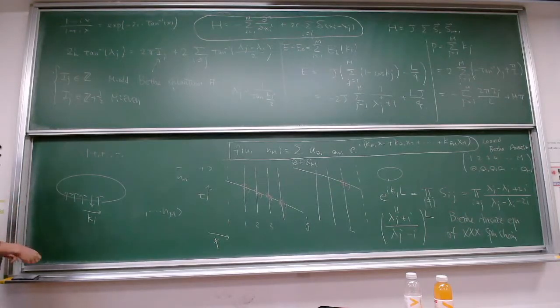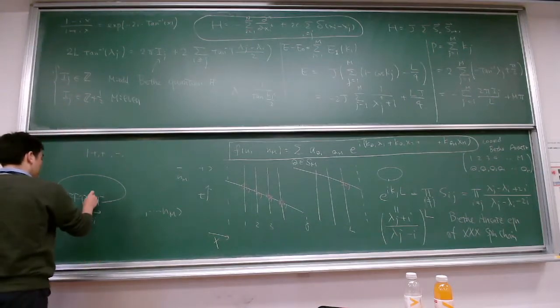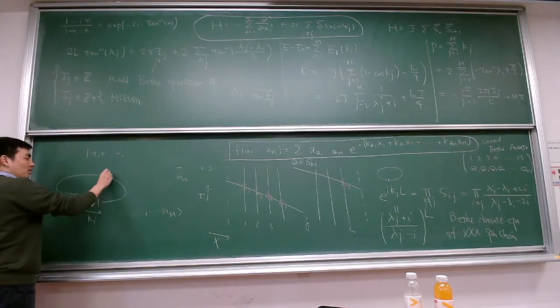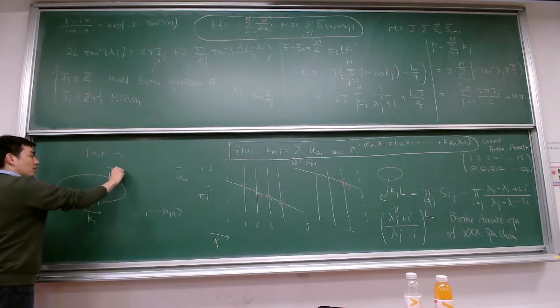So you have a spin down state and a spin down state somewhere. Let's call them K1 and K2, and everything else is up.